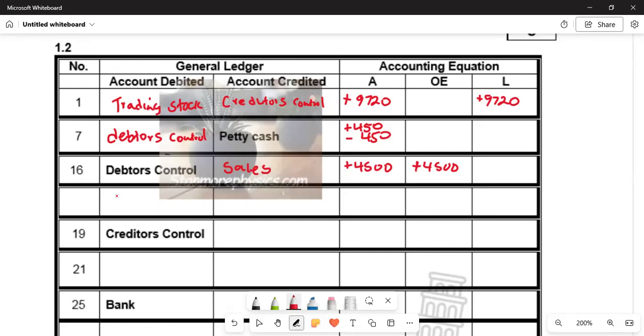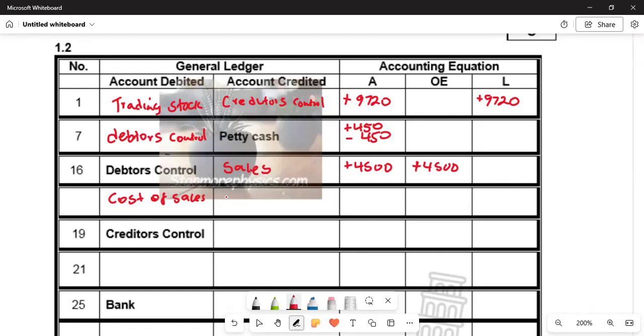Cost of sales is normally always debited, because it is an expense. We incurred expenses to sell those goods, because we bought those goods or we manufactured those goods.